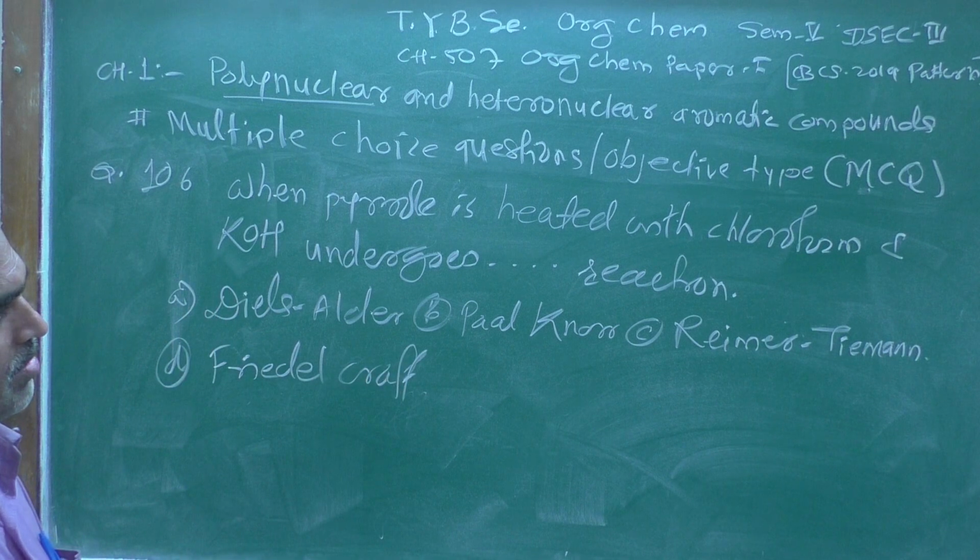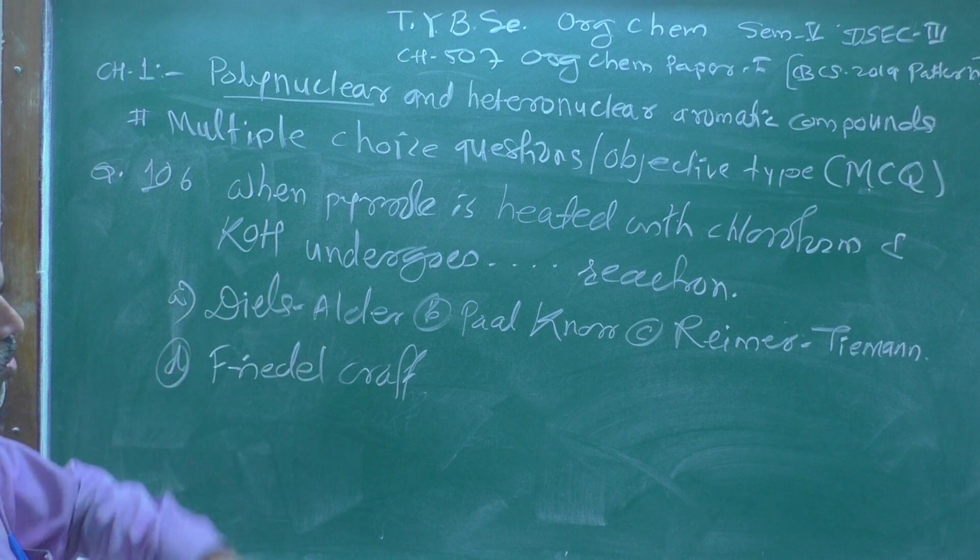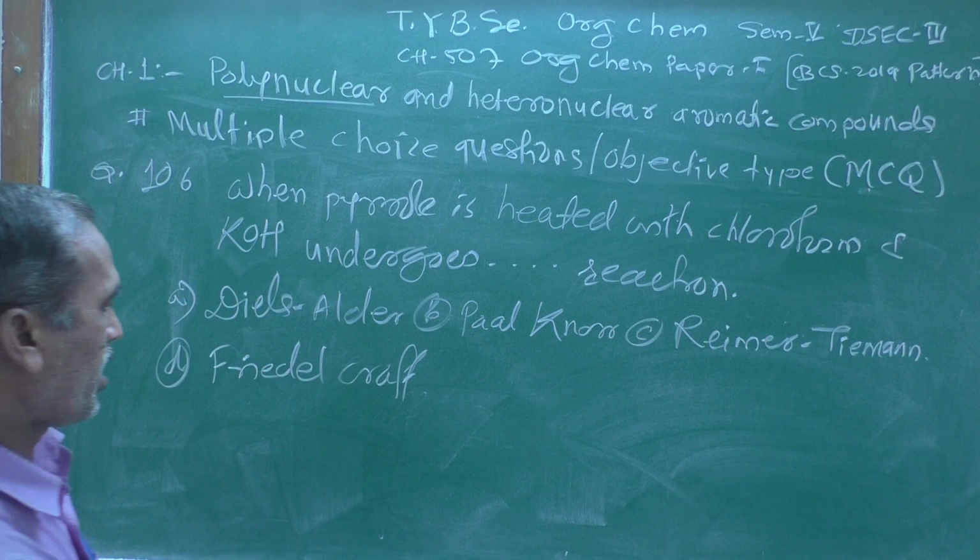When pyrrole is heated with chloroform and KOH, it undergoes a dash reaction.